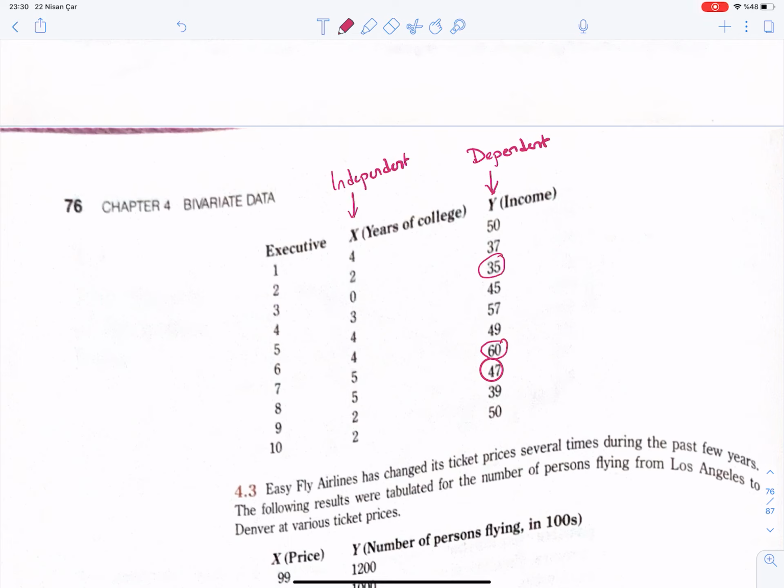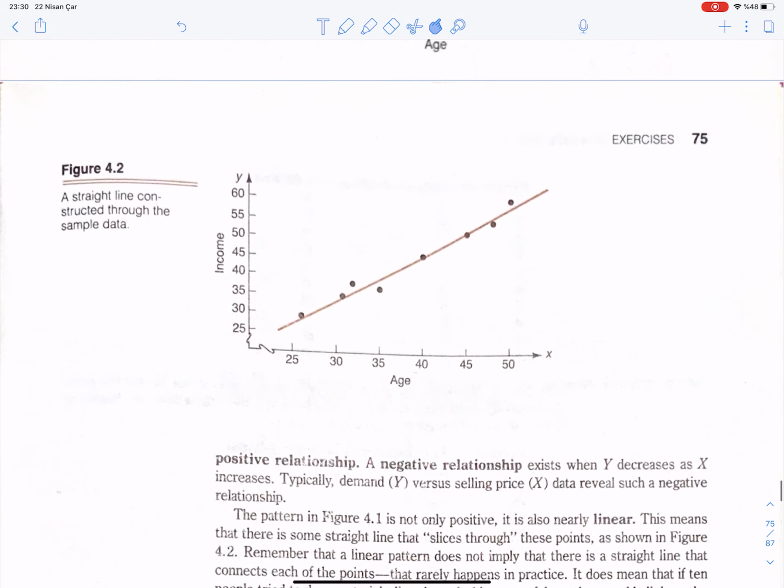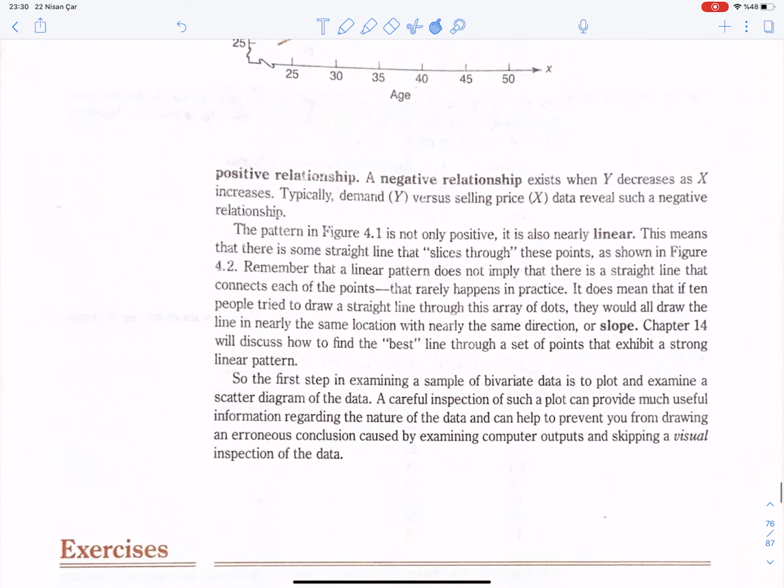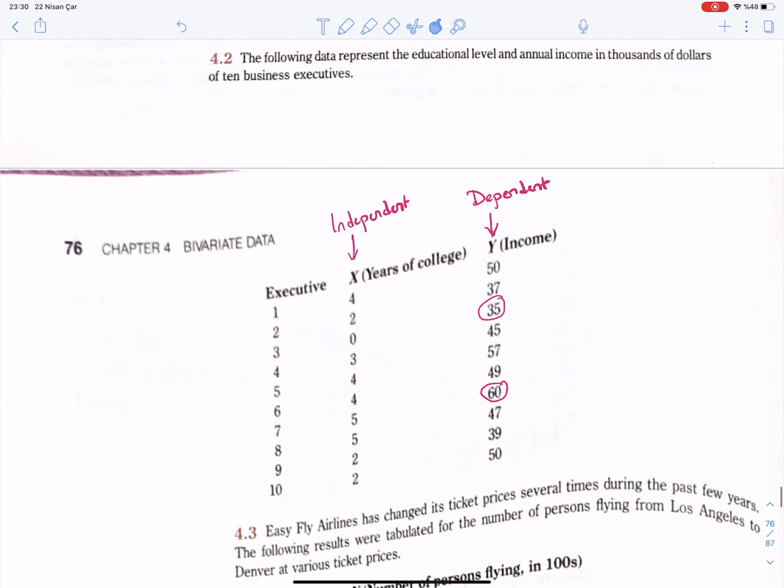So it can vary. Y is not fixed. So that's why we call X independent, and the other one dependent. If you draw a scatter diagram of this data set, you'll see that it will be very similar to that picture. So it will be a positive correlation.